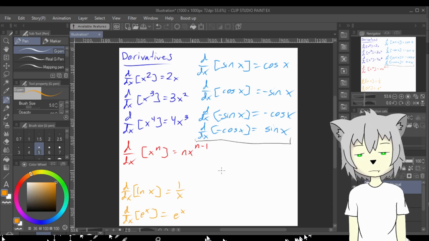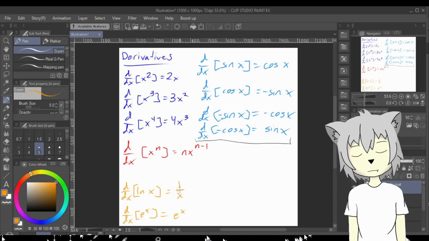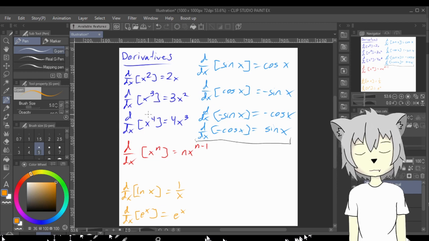Of course, eventually in class, the teacher should go through bit by bit why these are the derivatives.